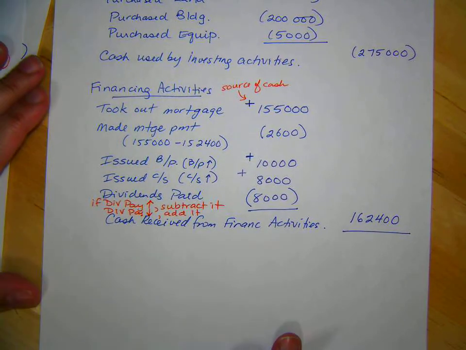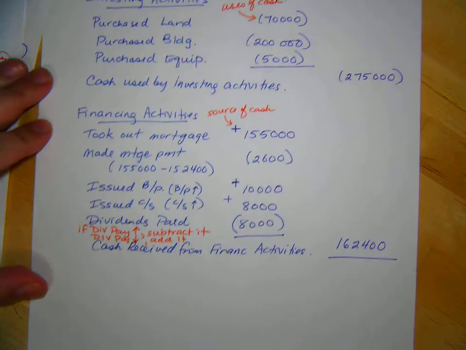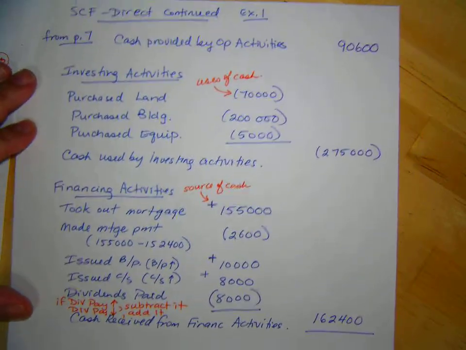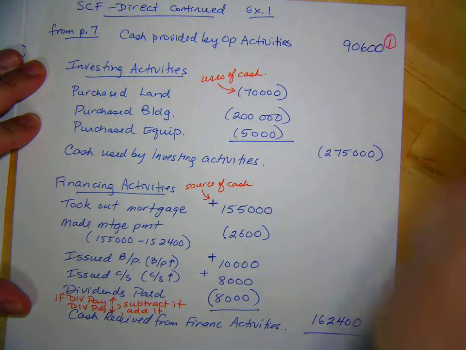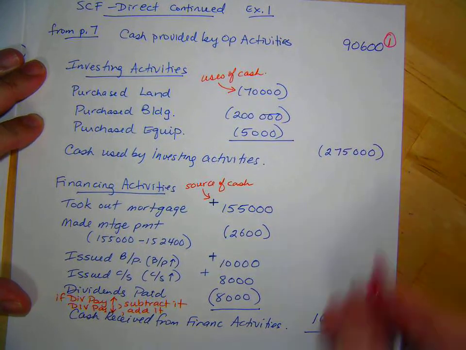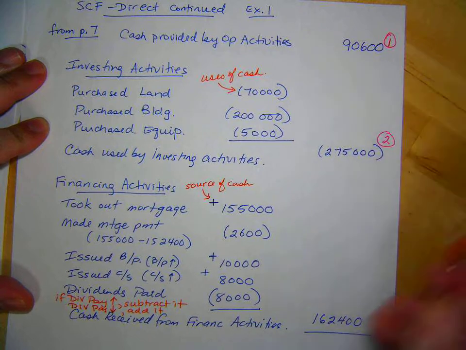Okay, so that's our statement of cash flow. Now we just have to finish the little part at the bottom. So we have our 3 sections. 1 is operating activities, 2 is investing, and 3 is financing.